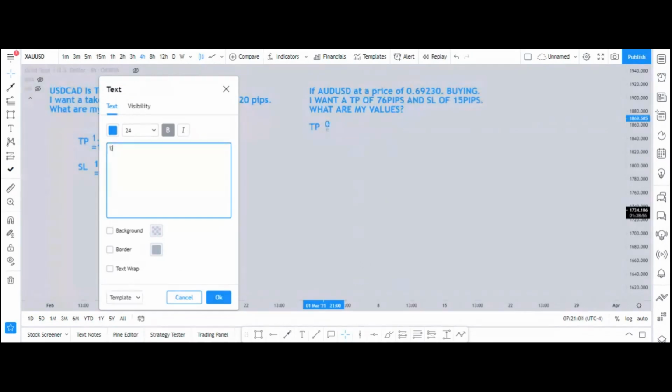I won't put it into consideration when I'm calculating. 6923 plus 76 pips, so 0.0076. What will my answer be? My answer will be 0.6999.